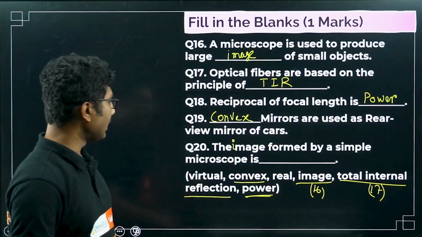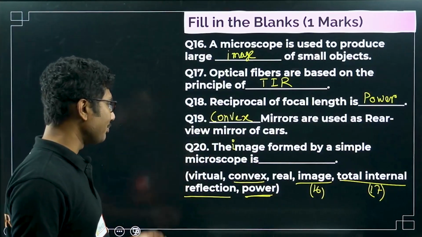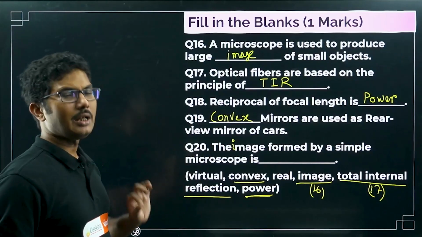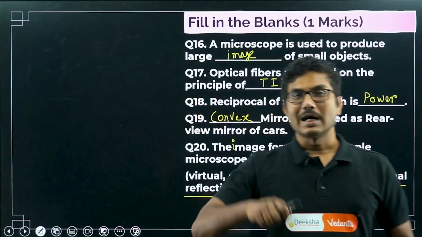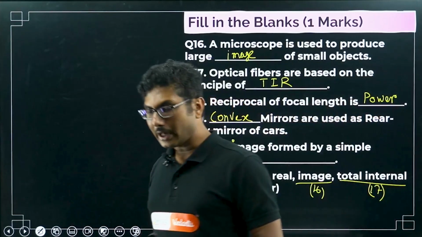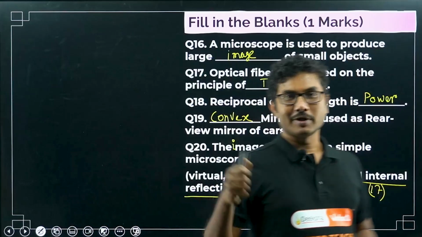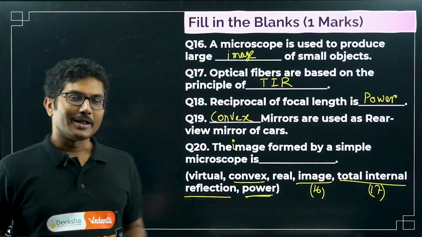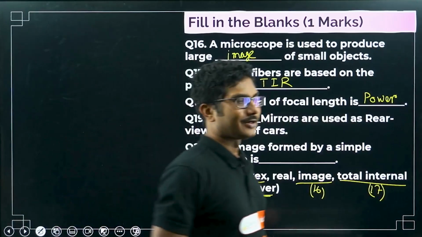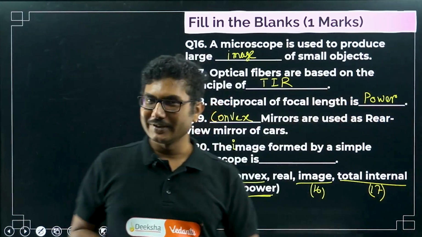So the only option that is left is virtual or real. So the question is, is the image formed by a simple microscope virtual or real? A simple microscope is basically a simple convex lens. If you have seen the very common picture of Sherlock Holmes or any other detectives, they use the convex lens, and it appears bigger, so they search for clues using that lens.